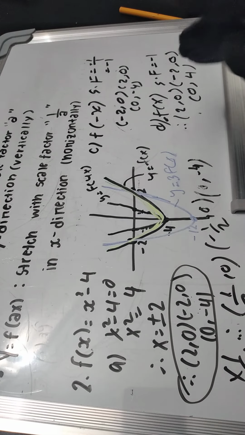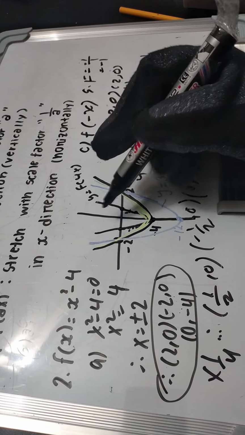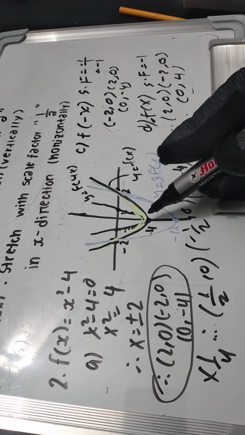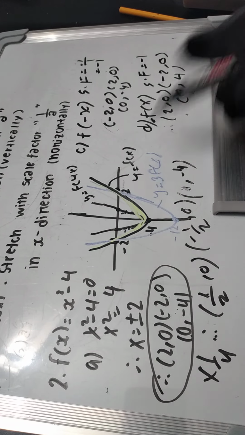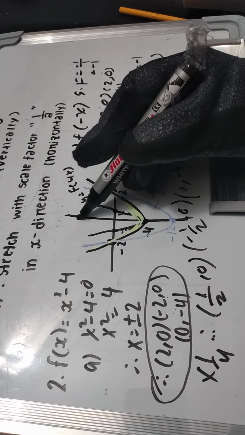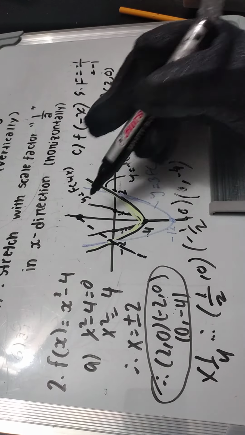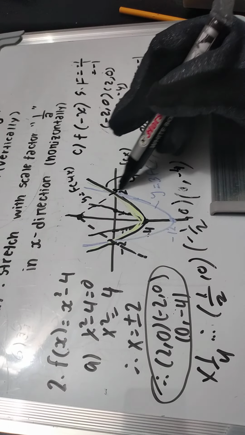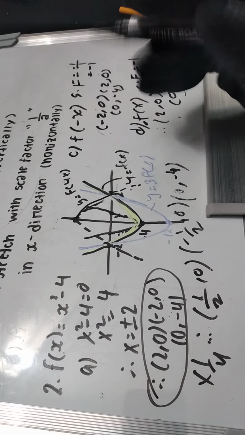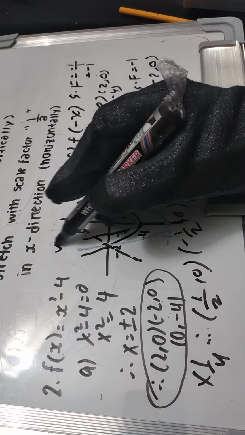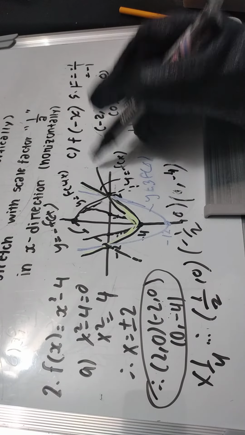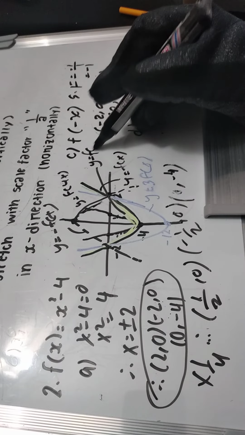For this curve, I'll use dotted lines so that you can understand. So all the coordinates are the same, only (0, -4) will move to (0, 4). So it will go like this. It has become a maximum curve. Make it smoother and more proper. So this is y equals -f(x), and the light green one is y equals f(-x).